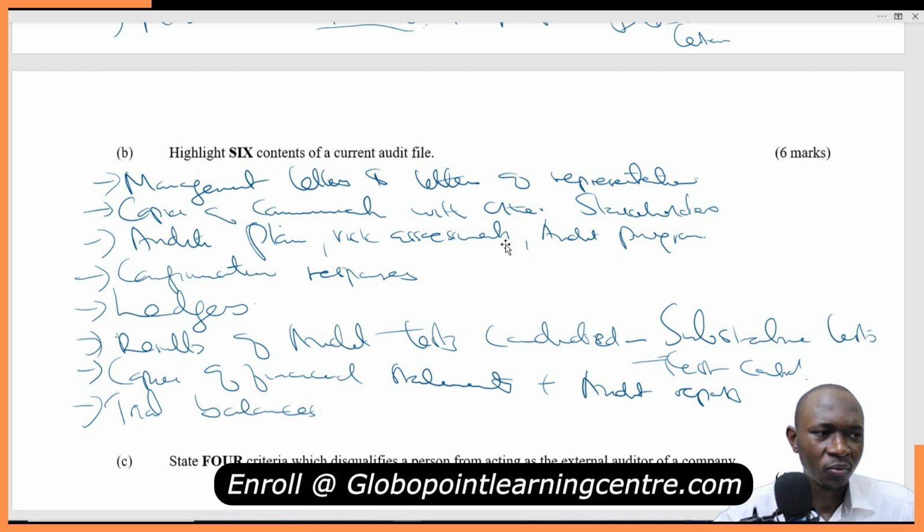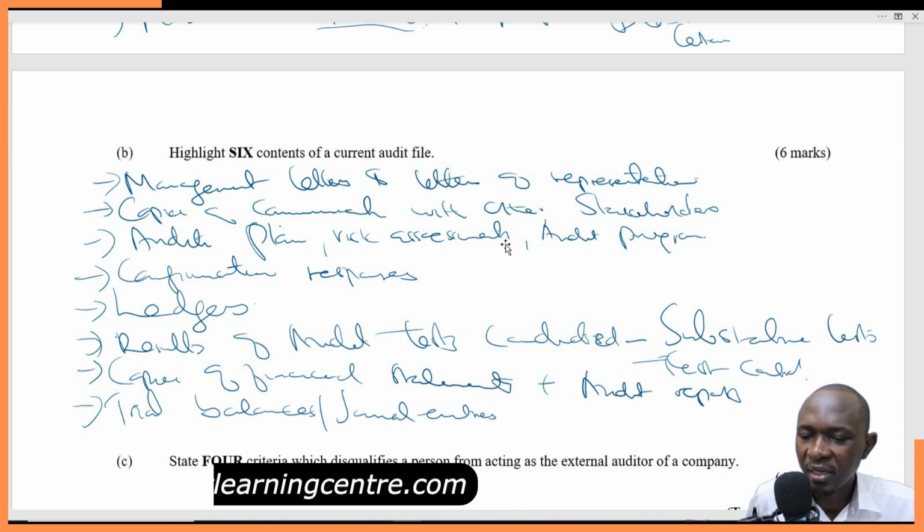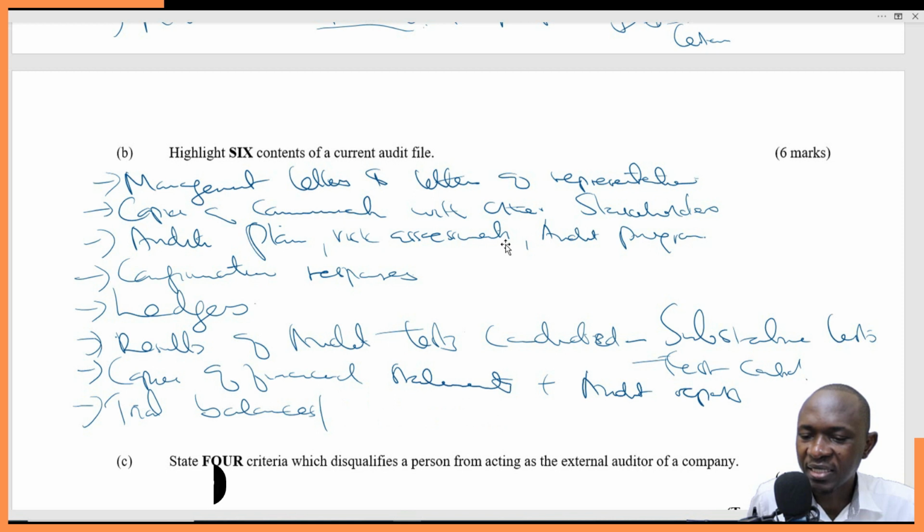Let's also talk of adjusting journal entries, because we have quite a lot that goes on once the auditors receive a trial balance. So adjusting journal entries will also be contained in the current audit file.